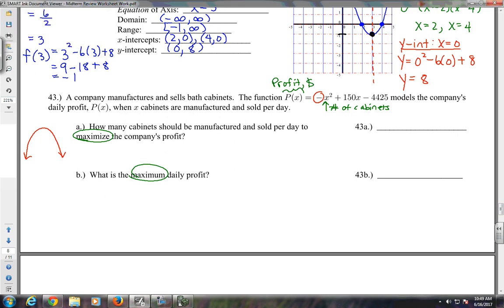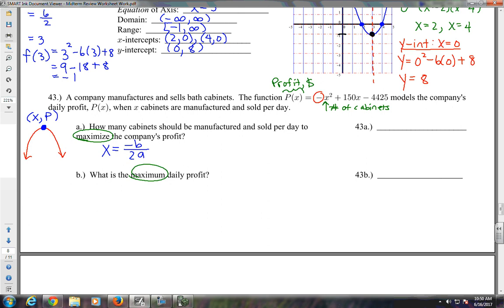That is simply code for where is the vertex. So I need to find the x value of the vertex. That's going to give me number of cabinets. And the y value, or p value, that's going to give me the maximum profit. In the form that this function is presented, we know that we can calculate the x value of the vertex using our formula -b/(2a).